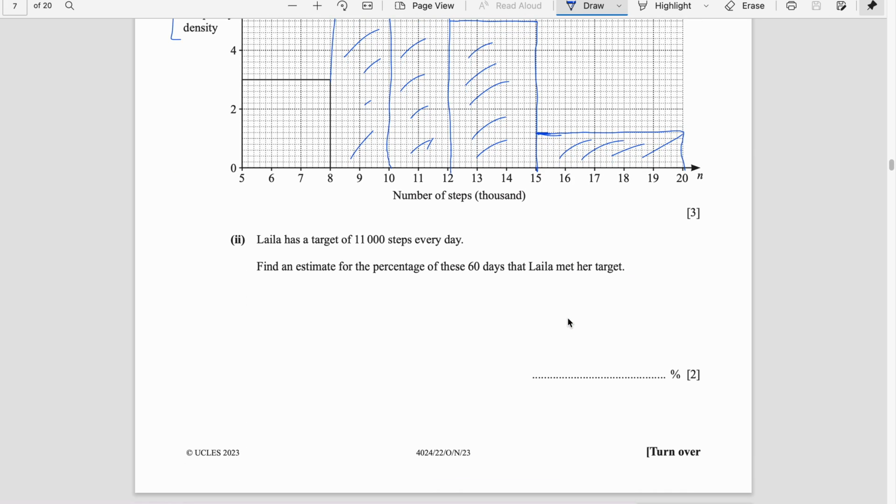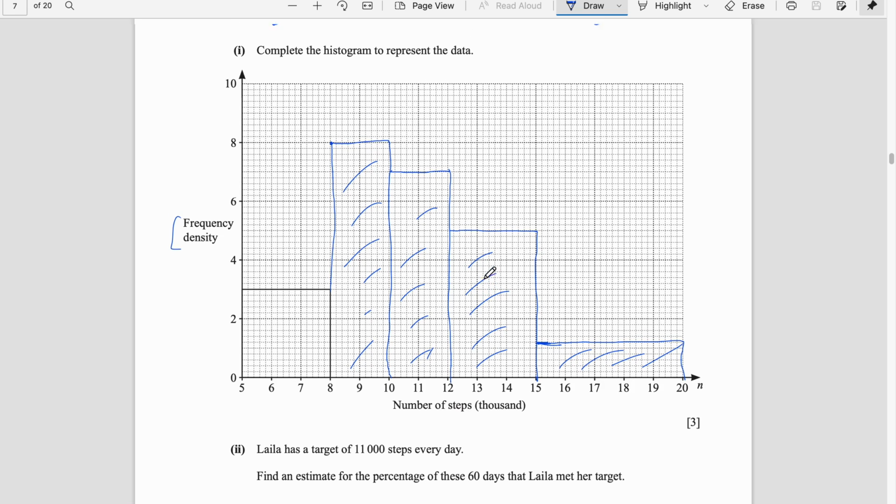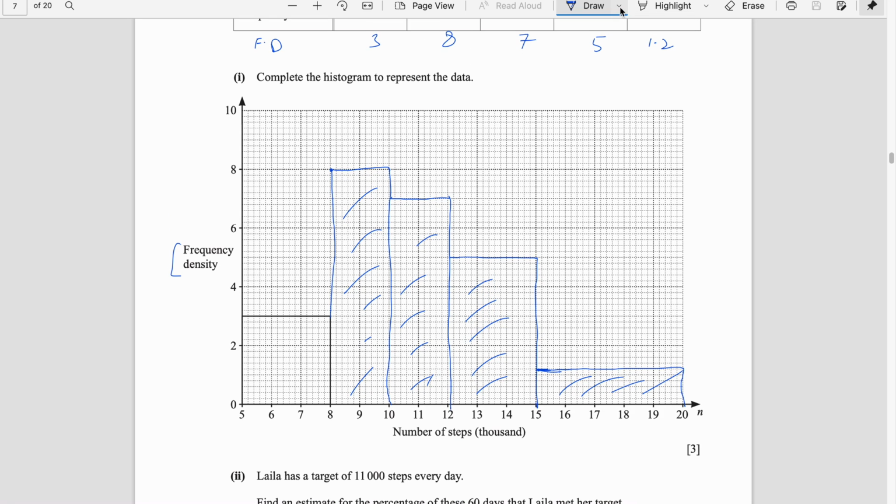That's not compulsory. Leila has a target of 11,000 steps every day. Find an estimate for the percentage of these days that Leila met her target. So 11,000 steps is basically this number and so on. So we take this area from 11 onwards. This is 1 into 7.